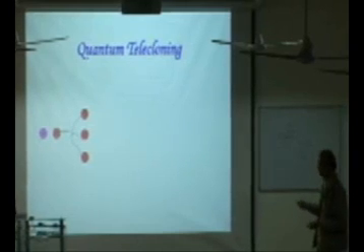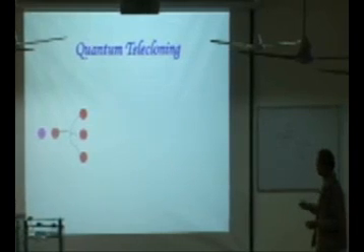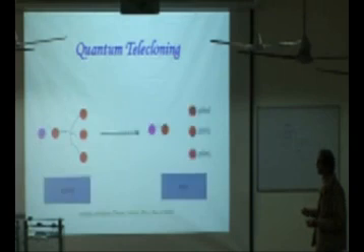It can be many guys, but we need three. So that is why I am giving you three. And this is the input, just like in the teleportation thing. And I do some measurement, and I want to prepare exact copies of that input here. That is not possible, but I prepare approximate copies of them. And these people have shown how close this thing can be to this input.